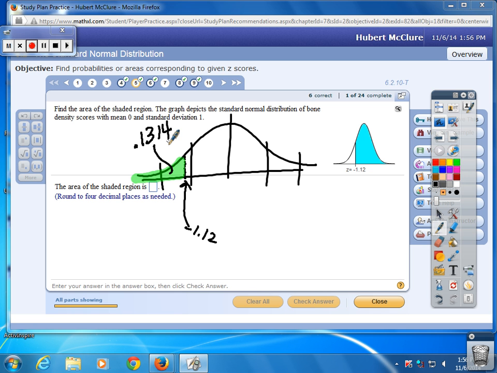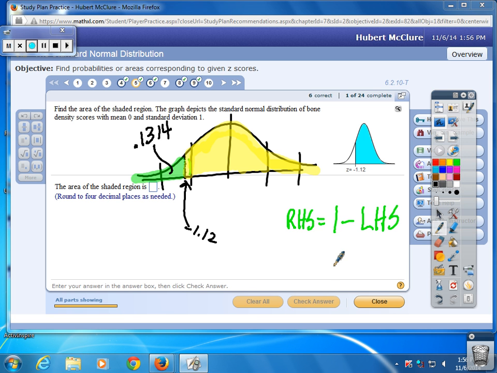Now, we want the right-hand side, because it's asking for that. Well, the area under the whole thing is what? 1. So the right-hand side is equal to 1 minus the left-hand side.